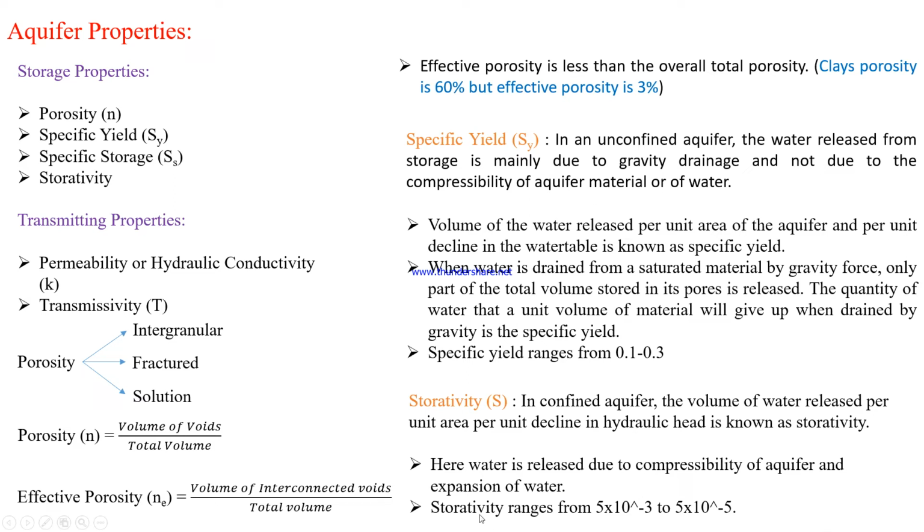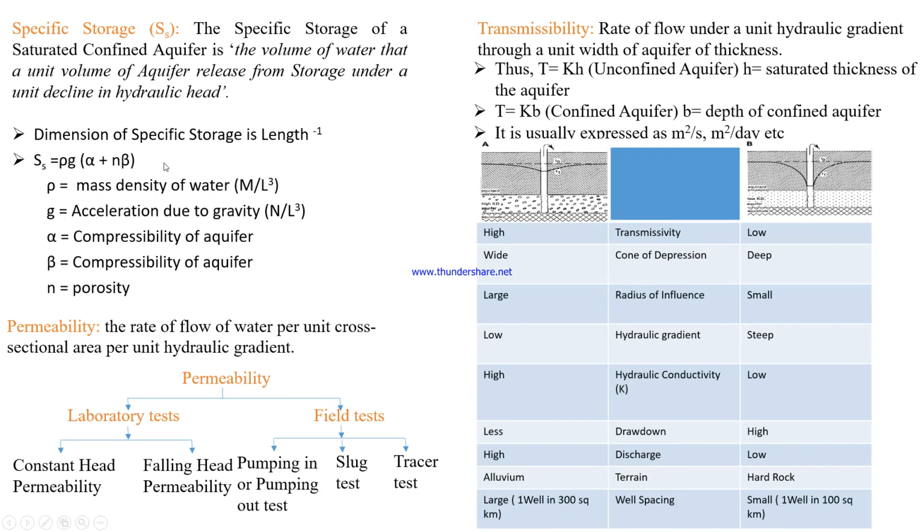The aquifer-bearing material is the water and the soil. The soil will adjust when you pump the water, because the pore water pressure decreases. Coming to specific storage, the specific storage is also a property of the confined aquifer. It is the volume of water that a unit volume of the aquifer releases from storage under a unit decline in the hydraulic head.